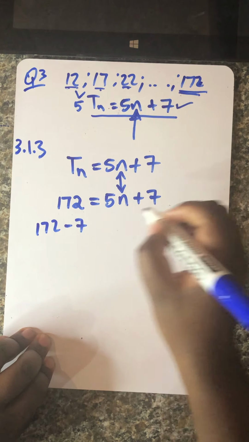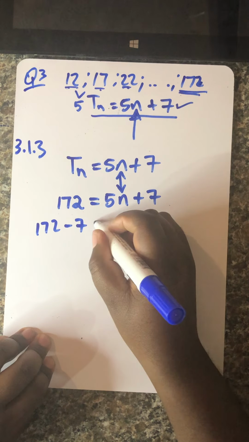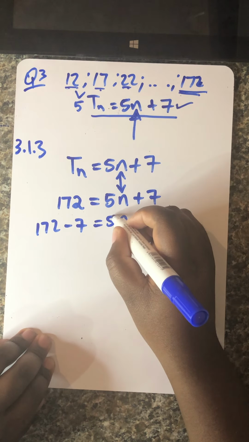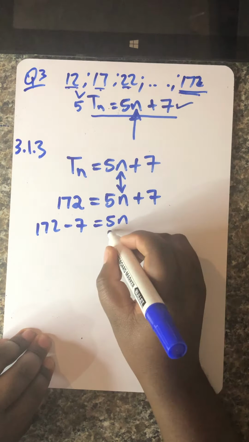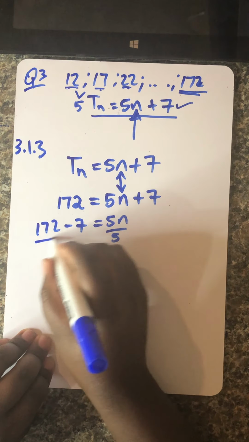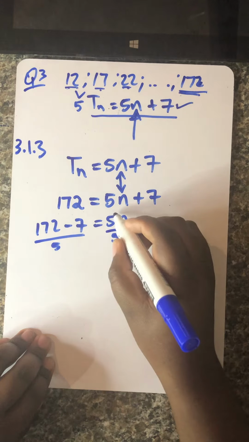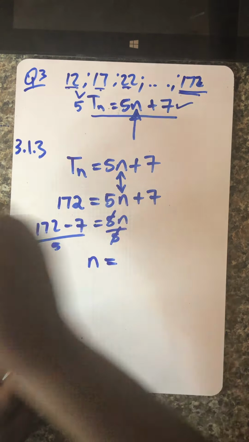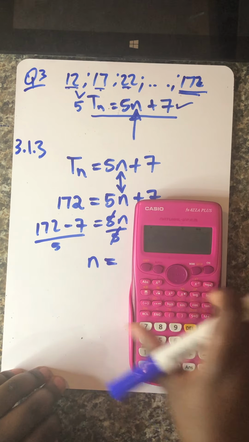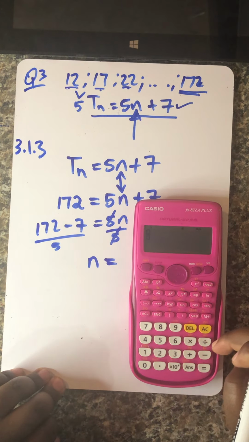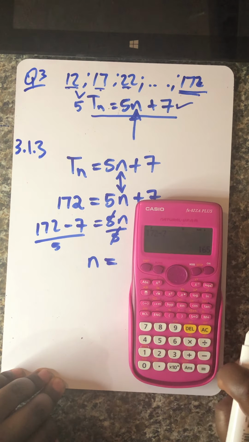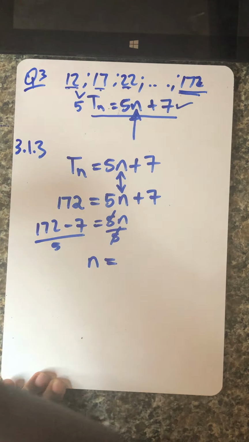It's minus 7 because it was positive, it changes sign, and then you have 5n. Ladies and gentlemen, you need to remove that 5, so you divide by 5. This 5 is going to cancel, then you remain with n, which equals the whole of this. On your calculator you just use the fraction pattern, or otherwise you can just say 172 minus 7 equals that, and then you divide by 5, you get 33.